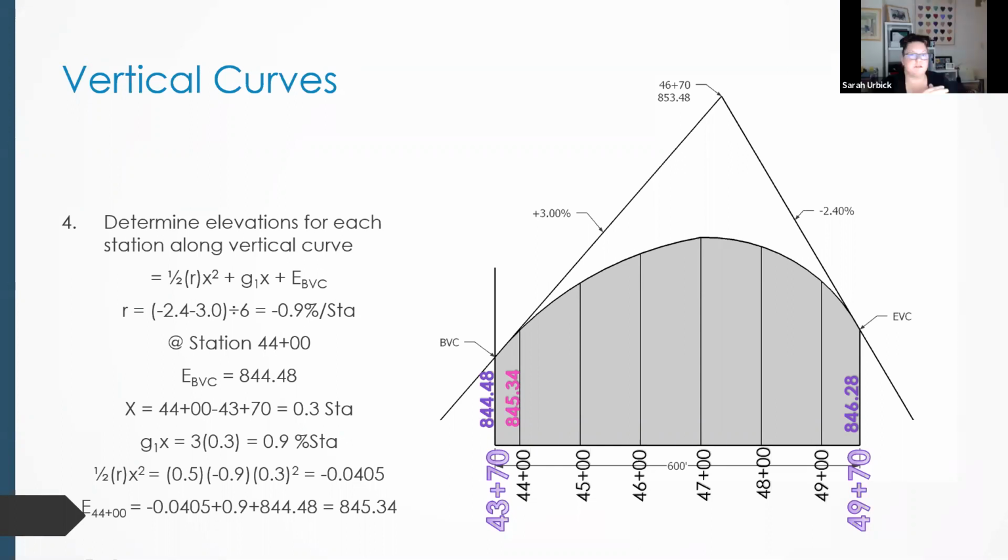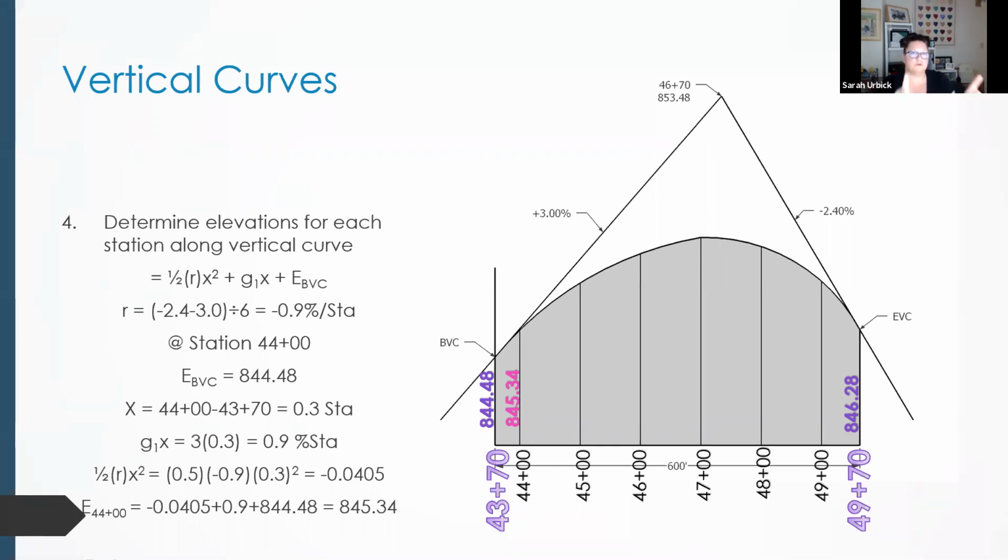No, we're breaking this down into manageable pieces, right? That's why we put it into stationing. We give ourselves 100-foot lengths to work with. Makes the math a little easier. Even better when we're dealing with percents, when we're dealing with slopes, we know that whatever the value of that percentage is, that is the vertical component for every 100 feet horizontal, or for every station horizontal.